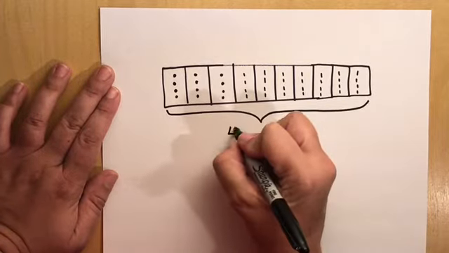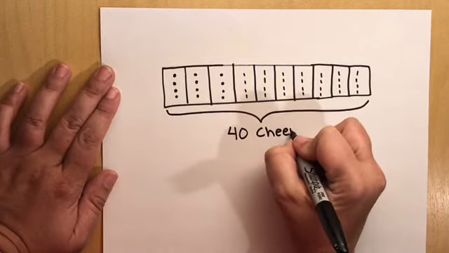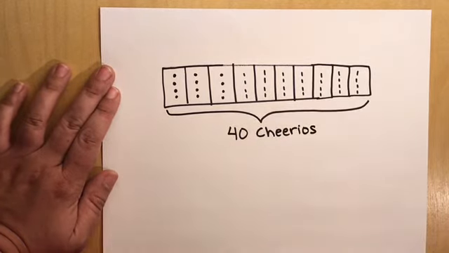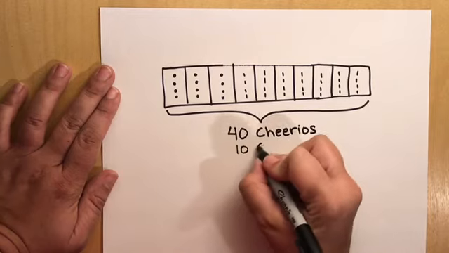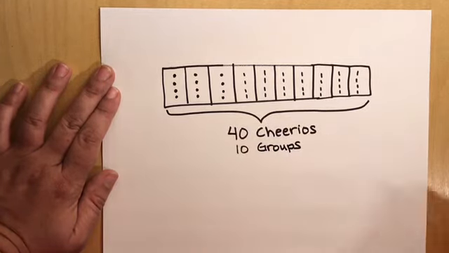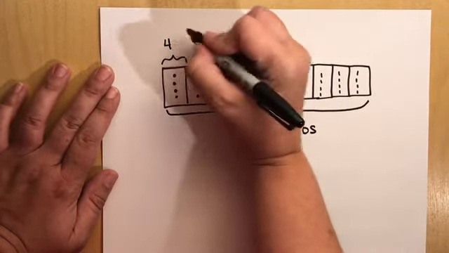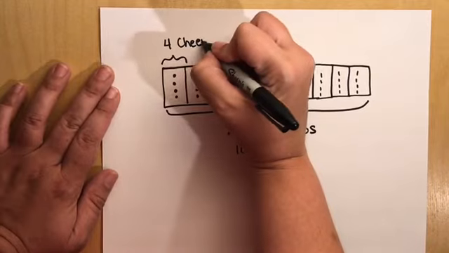I know that there's 40 dots or 40 Cheerios. I know that I have 10 groups of Cheerios. You could also write 10 rows. And in one single group, I have 4 Cheerios.